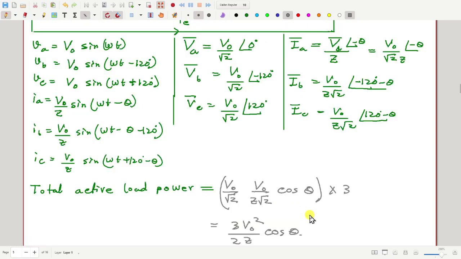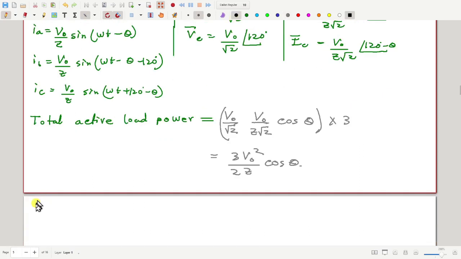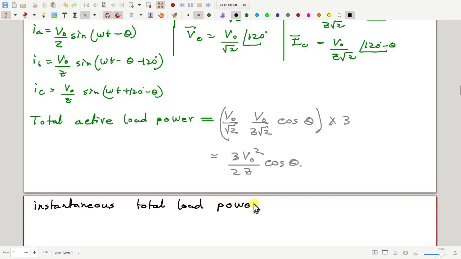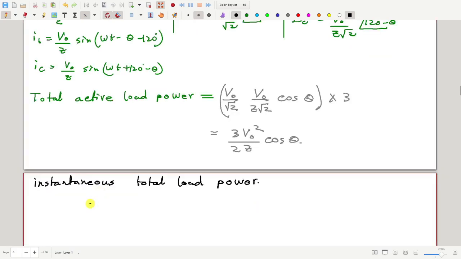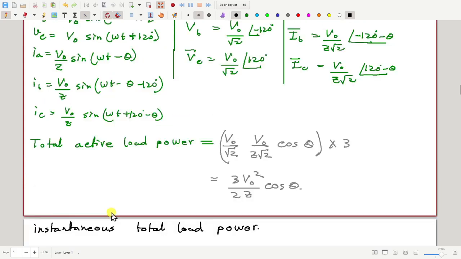Now consider instantaneous power, instantaneous total load power. How much is that? That will be VA into IA, plus VB into IB, plus VC into IC. Now you know the expressions of VA, VB, VC, IA, IB, IC.